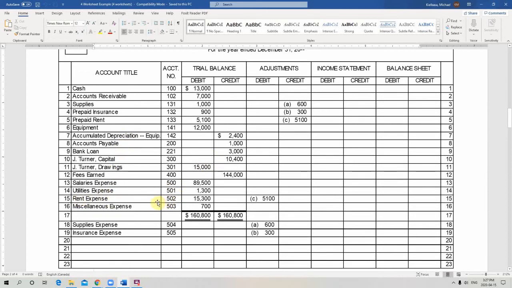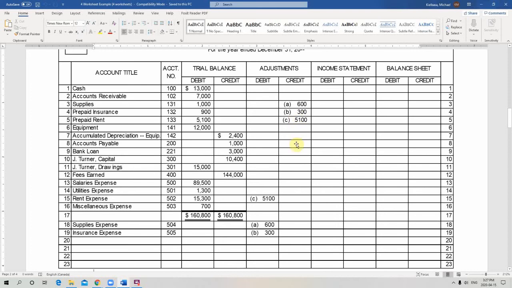All of the prepaid rent was used up. So rent expense is going to be debited for $5,100, and prepaid rent, which is an asset, is going to go down, is going to be credited for $5,100. All right, so that adjustment is done.